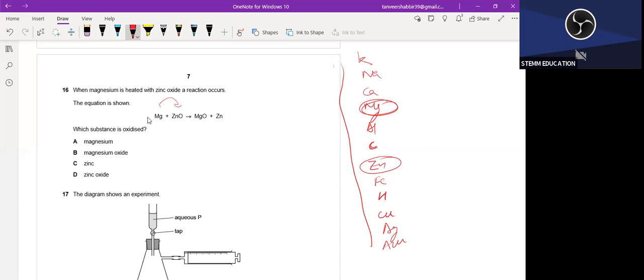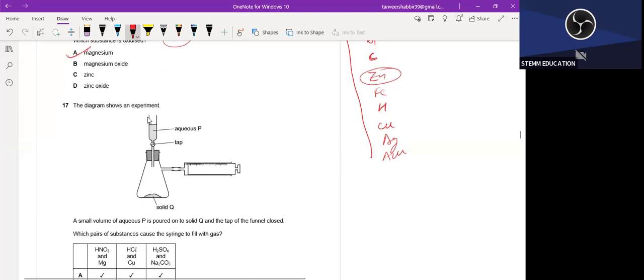Now, which substance is oxidized here? You can see magnesium is converting from 0 to 2 plus, and here 2 plus is converting into 0. When the oxidation number increases, from 0 to 2, magnesium is oxidized here.